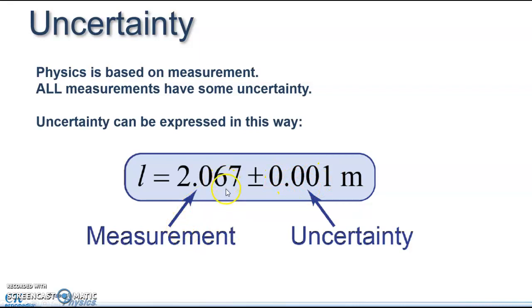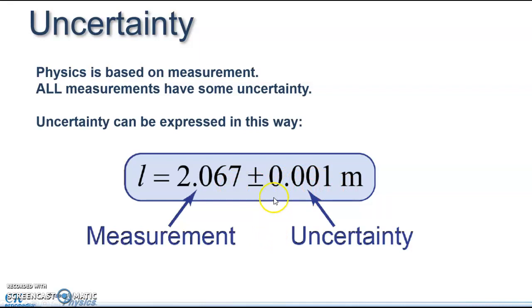And what that's saying is that we are certain of this number within 0.001 or 1 millimeter. So that means that you take this measurement, you report it, and you're saying that I'm certain that it's between 2.066 and 2.068, because that's what would happen if you added or subtracted 0.001 from this number.